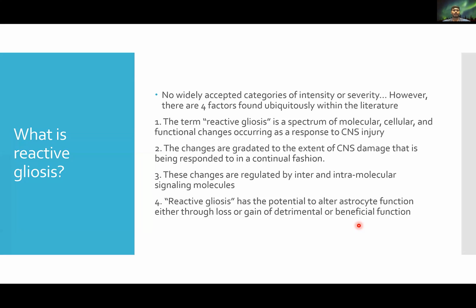And 3, reactive gliosis is all based on inter- and intracellular signaling molecules. We'll talk about this in depth later on, but this is very important because the astrocyte is able to respond to specific CNS damage because these specific damages will release specific molecules.